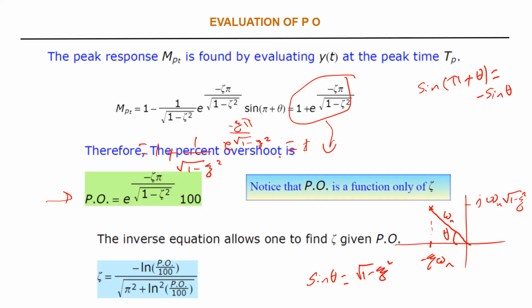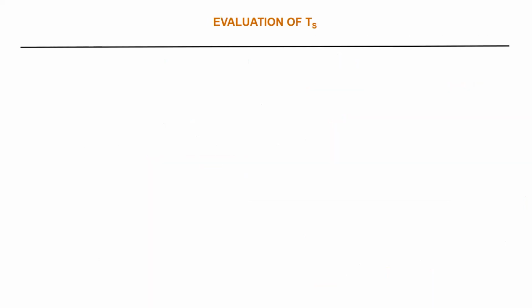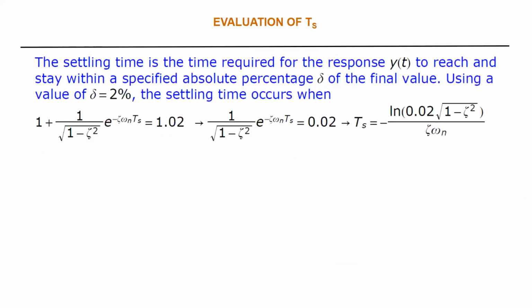Now let me go on, because I need something related to omega n. So let's talk about the settling time. Okay, the settling time, if you remember, this is the one, let's say.